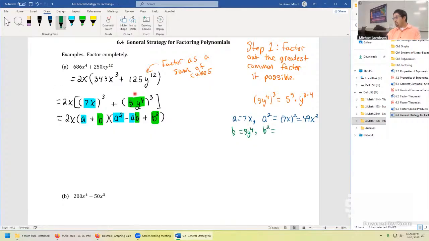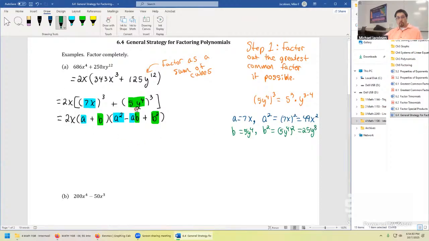So this means b squared. We have to go pretty carefully on this one as well because it's a bona fide exponent law. This is 5y to the power 4 squared. In this lineup, you would square the 5 for a 25. Y power 4 squared means exponents multiply, and this would be y to the power 8 on this one.